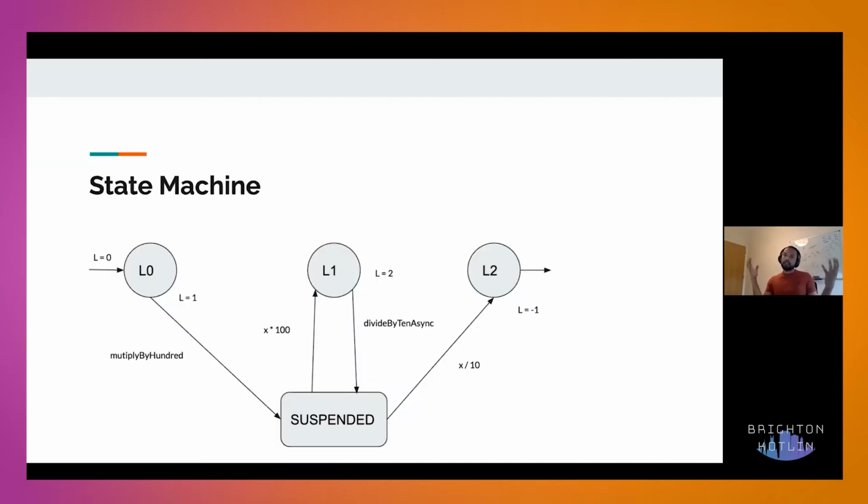So the state machine, like I said, is a simplified version. It looks like this. You have a clear entry point, and also a clear exit point, and then you normally set the state at the beginning. And if this multiply by 100 function takes a lot of time, it will get suspended.